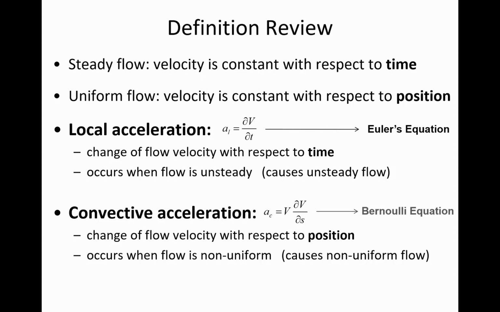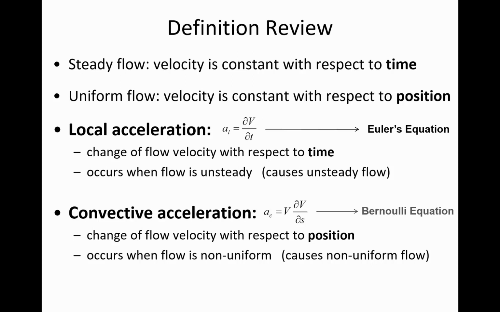These two different types of acceleration both cause a change in fluid pressure. Until now, the formula that you've used to describe how the pressure of water is changing was just the hydrostatic equation. That's the only formula that you've used so far to tell you how pressure of water is changing.